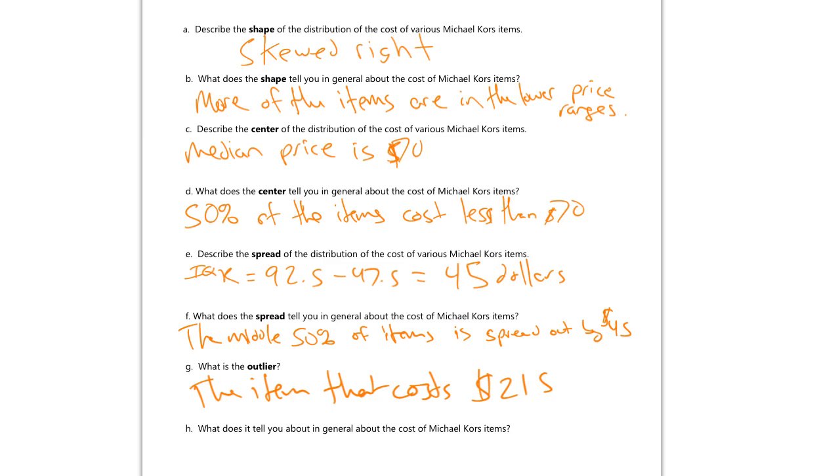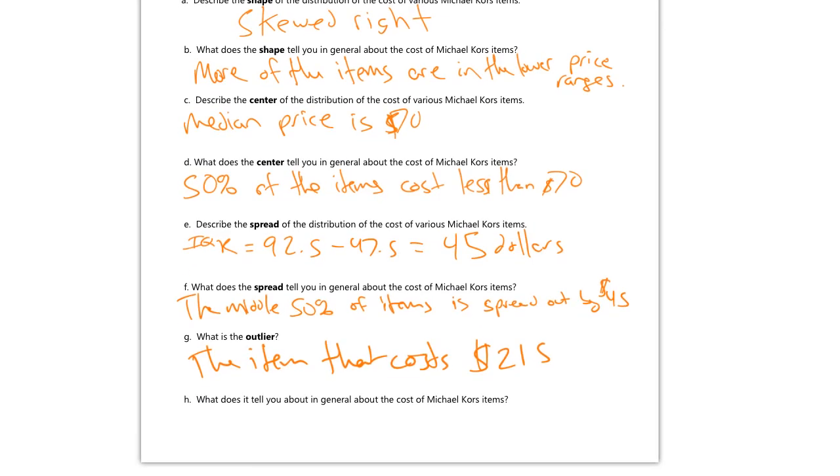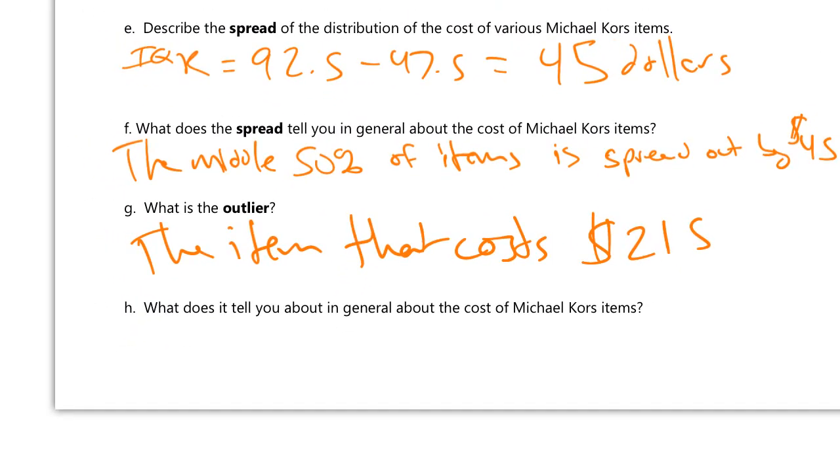And what does it tell you in general about the cost of Michael Kors items? So this one I think is talking about the whole, the stats of this distribution. And so what is it saying in general? Well, it tells us that when we talk about the median being 70, a typical item costs around $70, right?